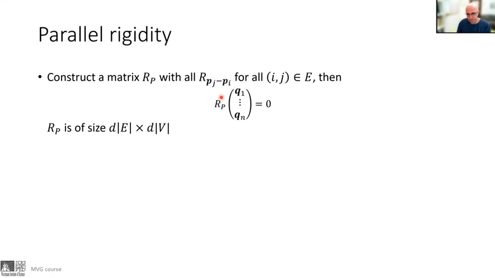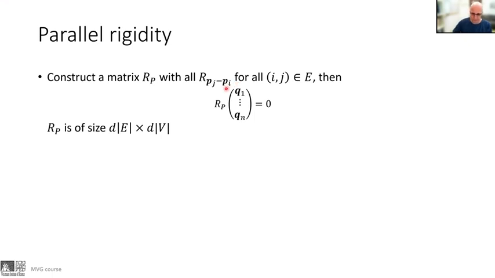No, for every j and i that are in the edge set. For every two points, if there is an edge, I get this Pj minus Pi. For now, this is just a proof. This is not how I actually do it, so bear with me.